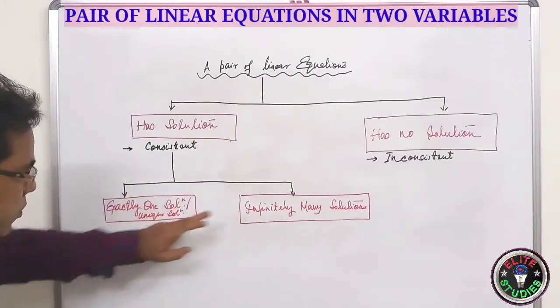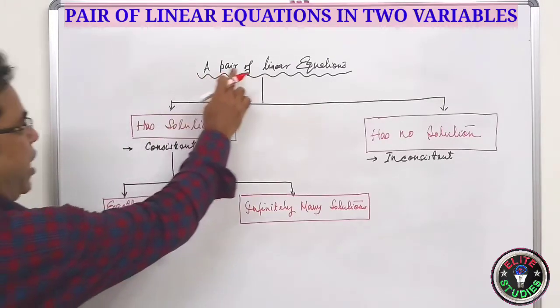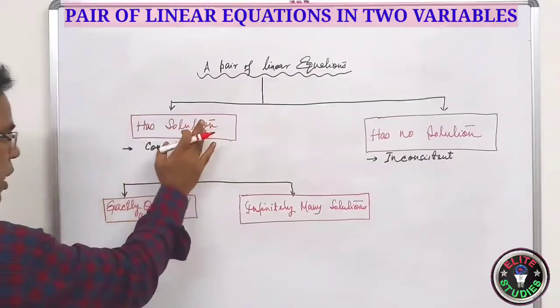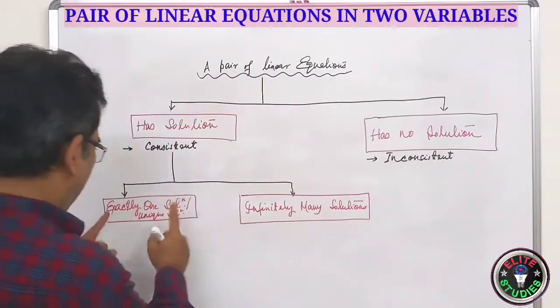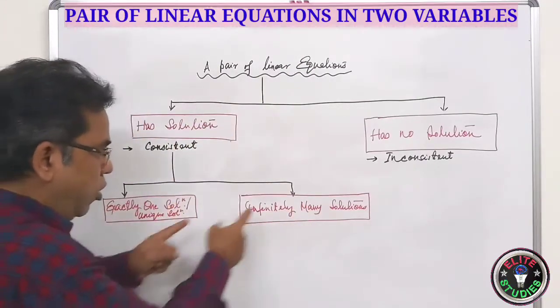So if a given pair of linear equations has a solution, then two cases arise: whether it has exactly one solution or infinitely many solutions.